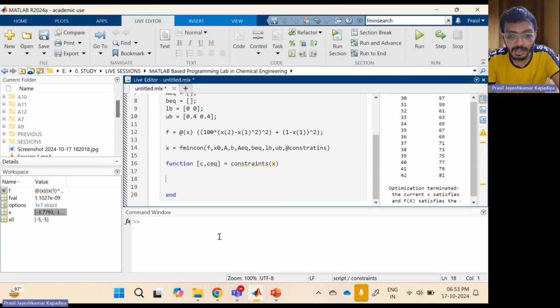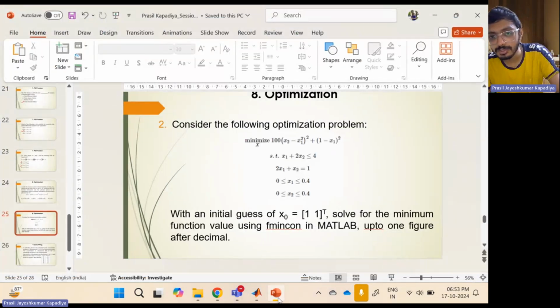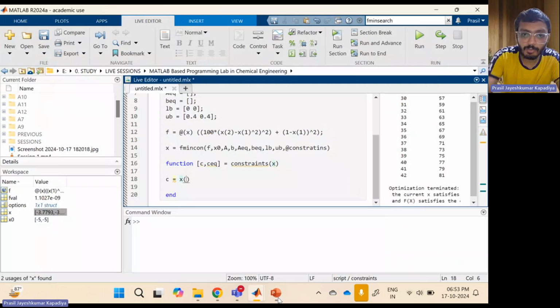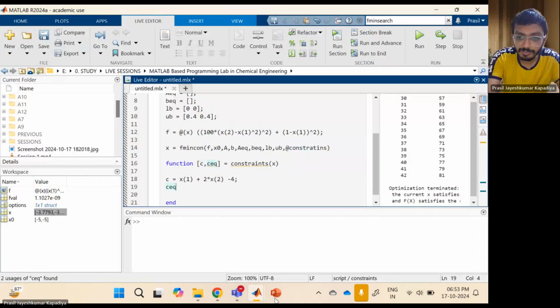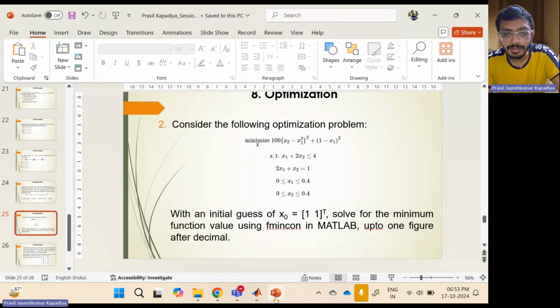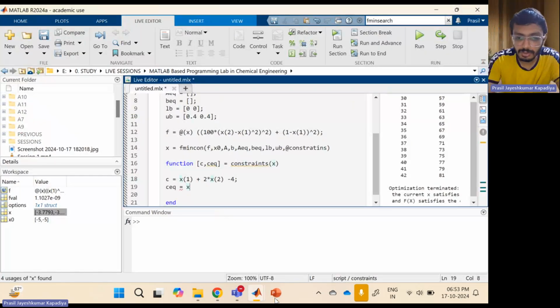My C is equal to the first equation, x1 plus 2x2 minus 4, so x of 1 plus 2 into x of 2 minus 4. And my second constraint, CEQ, is equal to 2x1 plus x2 minus 1, so 2 into x of 1 plus x of 2 minus 1. Okay, this is my second.